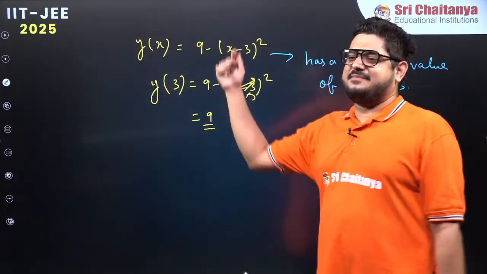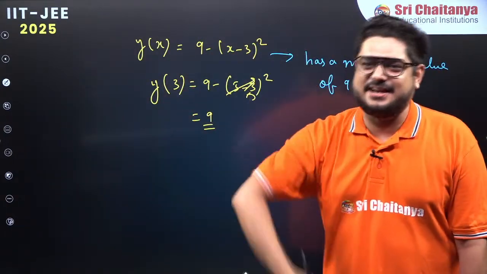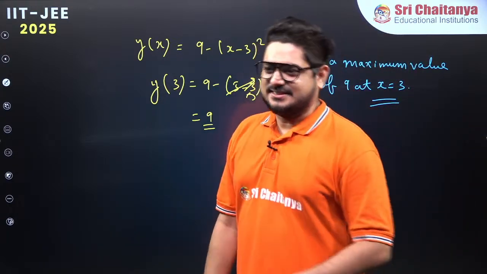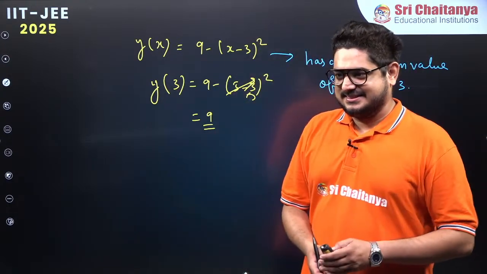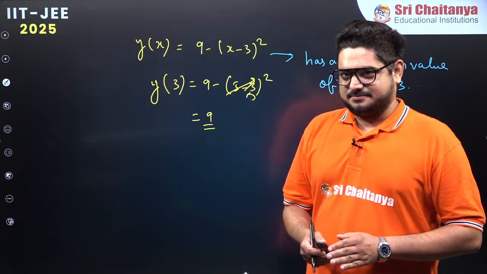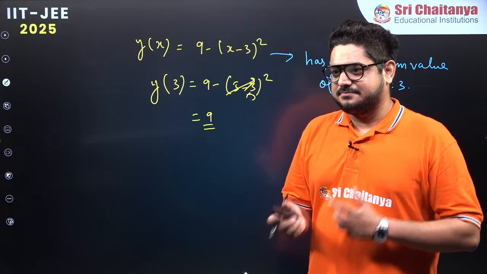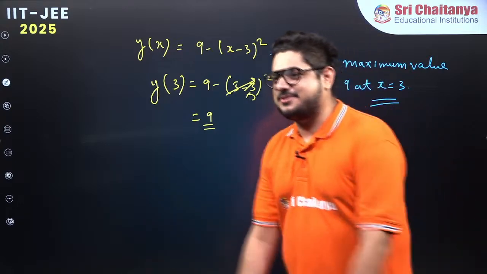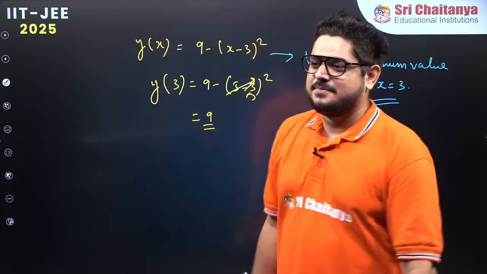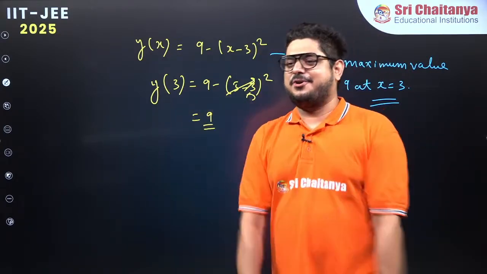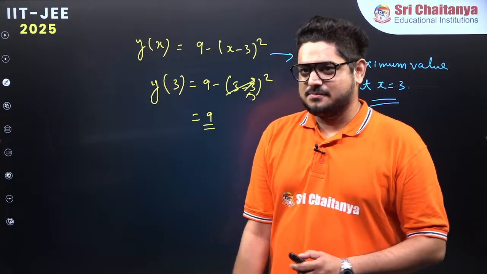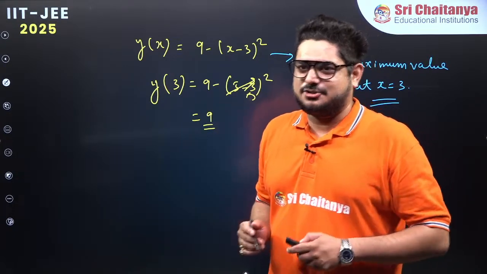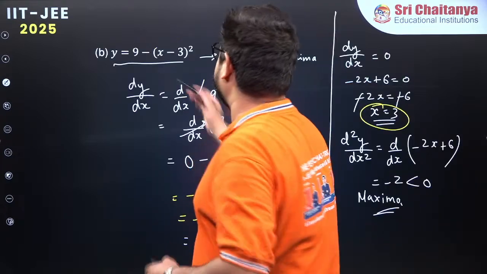I hope the statement whatever I wrote is satisfying. It's satisfying you guys in this aspect. If yes, mention it over there in the chat box. I'm following you up, guys. Okay, fine, great. So I'm getting this as 9. So this is how you can find out maxima or minima.